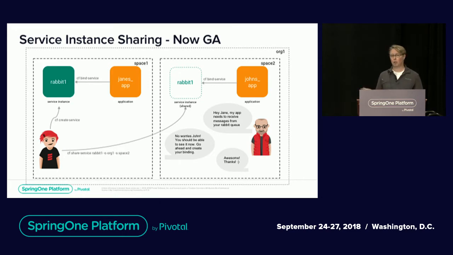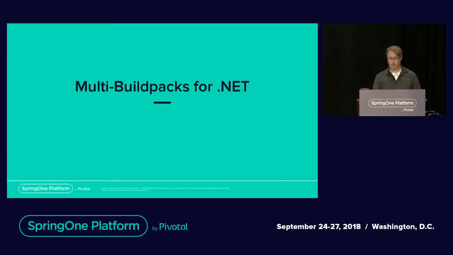Now that that's accomplishable, you don't necessarily have to resort to, okay, I'm going to create another instance, saving time and resources. So that's been in beta for some time, and is now generally available and ready for production usage. Also, any .NET developers in the room? Just curious? Okay, well, you're going to like the next couple slides for sure.